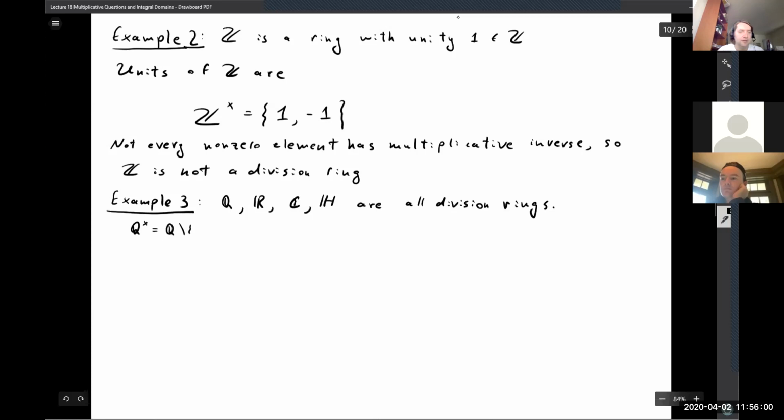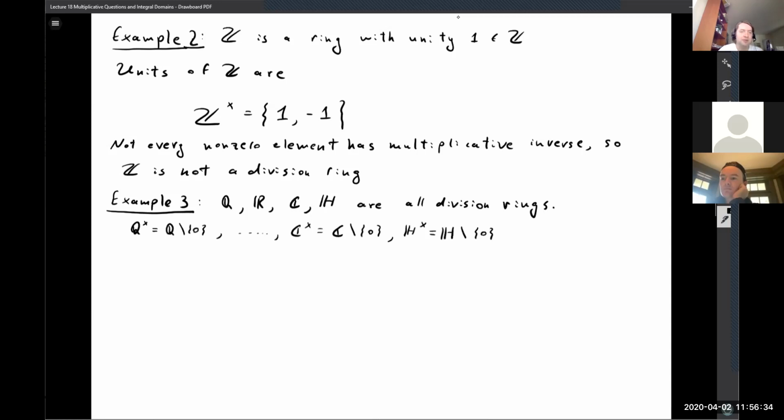So every non-zero element has inverse. Then the multiplicative subset of C is C minus 0. And what is most interesting, and we will elaborate about this a little bit more, is that the subset of elements in quaternions which have multiplicative inverse is also all non-zero quaternions.